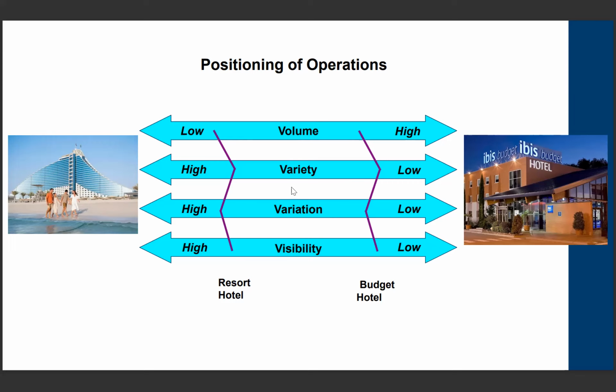But in a resort hotel, the variety is high. There can be different types of rooms: rooms by the lake, rooms by the ocean, rooms with private pools, rooms by the jungle. There can be different names, deluxe rooms, master bedrooms, king size rooms. So variety is high in a resort hotel, but in a budget hotel that is low.